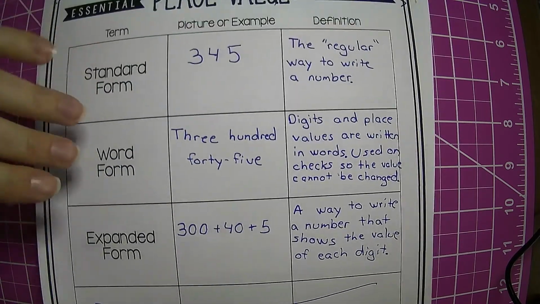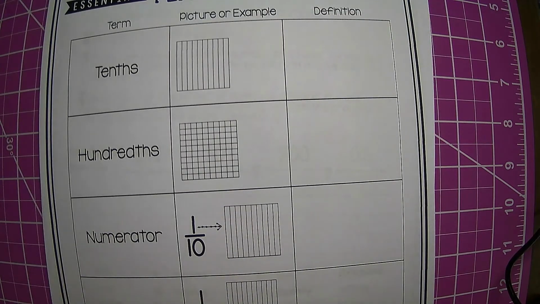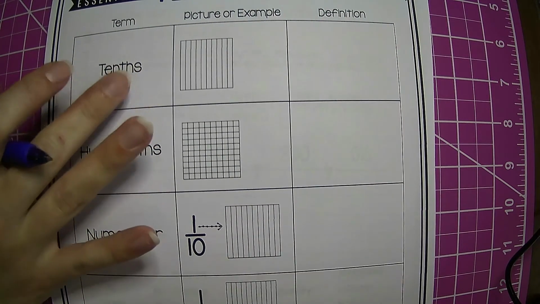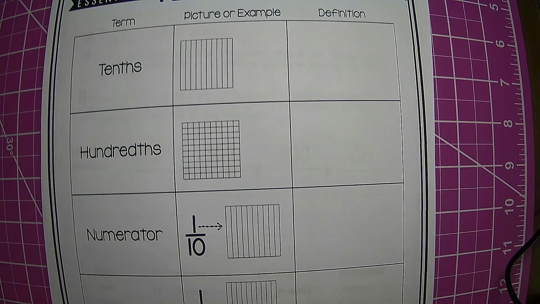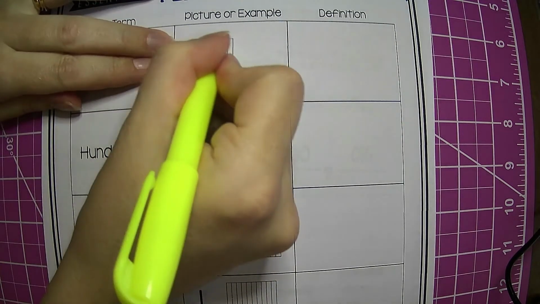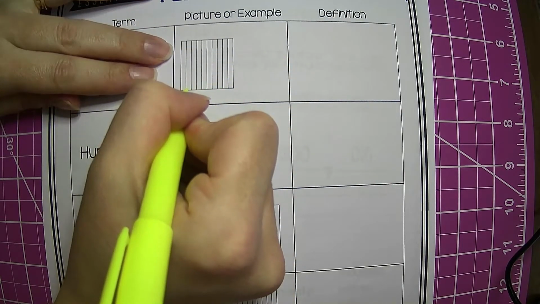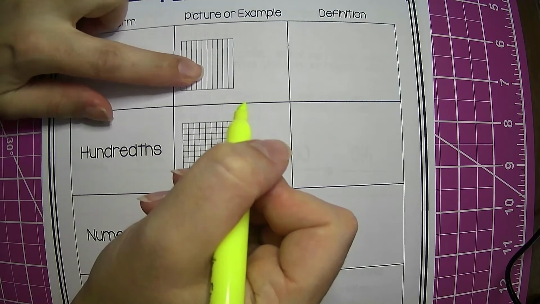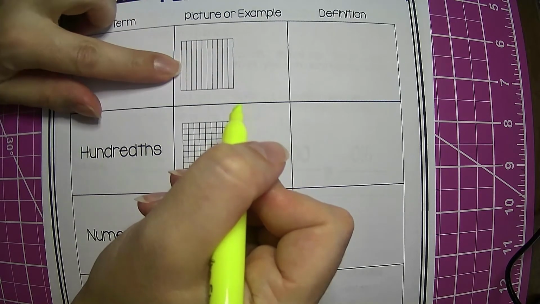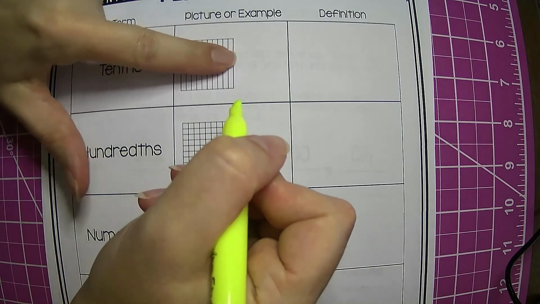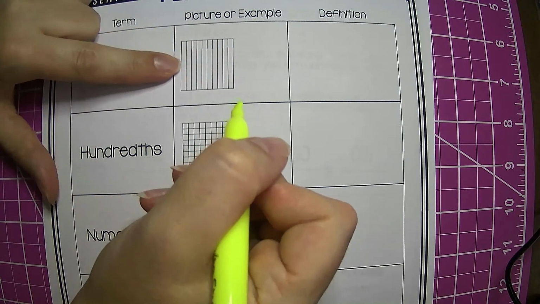Okay, so I'm going to go over to my next definitions. My first number here is my tenths place. If you divide one whole, my little model here, into 10 equal parts, tenths is the way to describe the value of these parts.